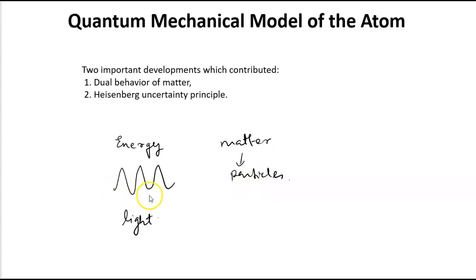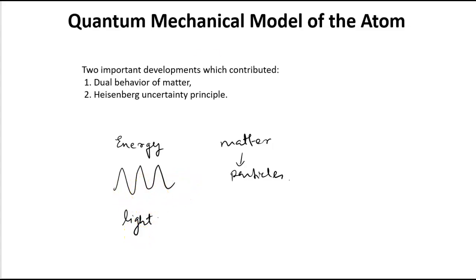So these are the two behaviors, the wave nature and the particle nature of the things around us. Light was thought of as showing a wave nature. It was thought earlier that if anything shows a wave nature, it cannot be particle-like, and if it shows a particle nature, it cannot be wave-like.